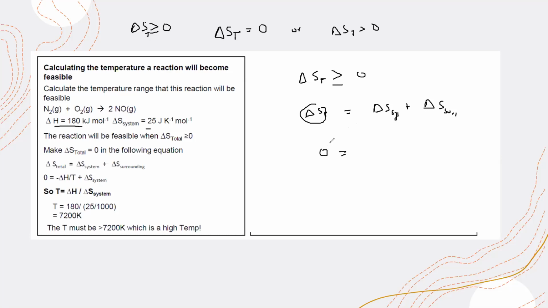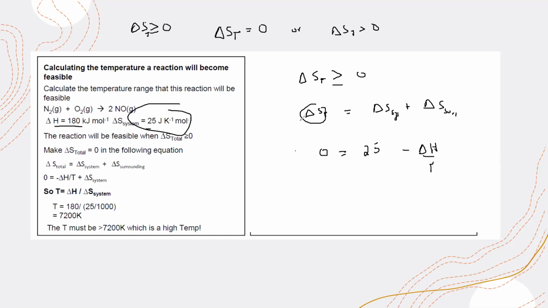Sometimes you have to calculate it, sometimes it's given in the question, like in this example, it's given 25. So this value is 25. Plus the entropy of the surroundings, which is minus delta H by T. So plus minus will be minus. So this will become minus delta H by T.